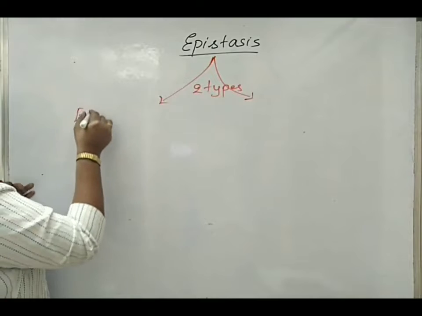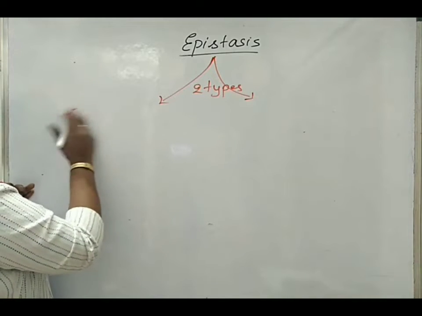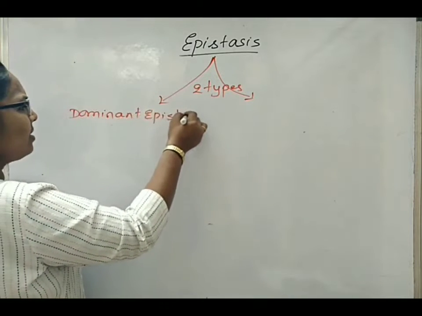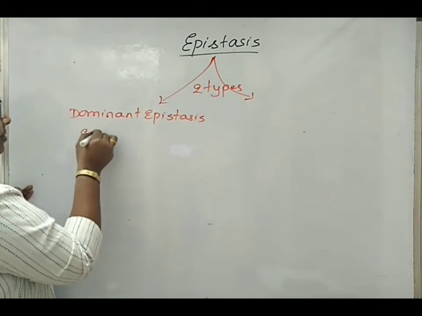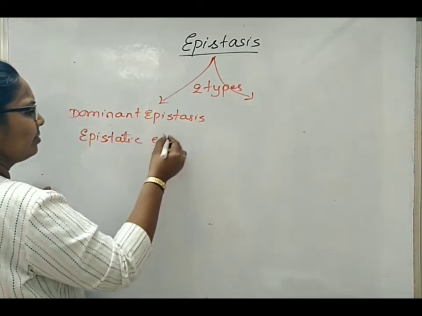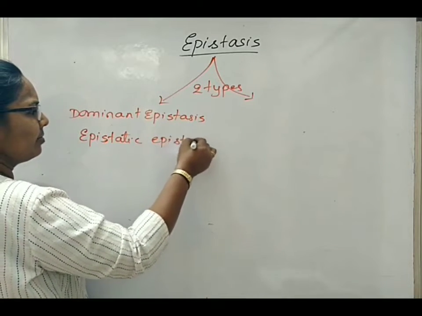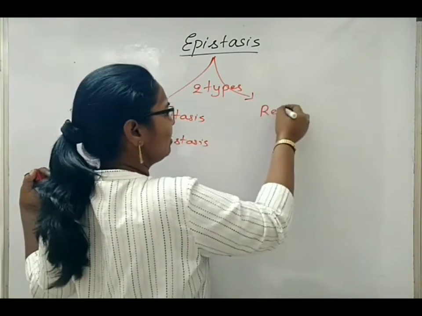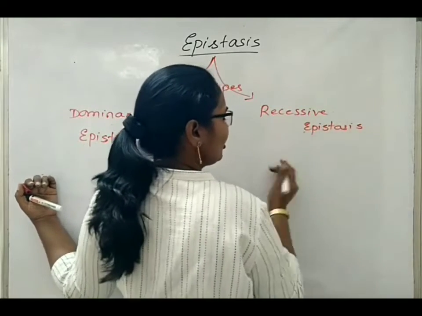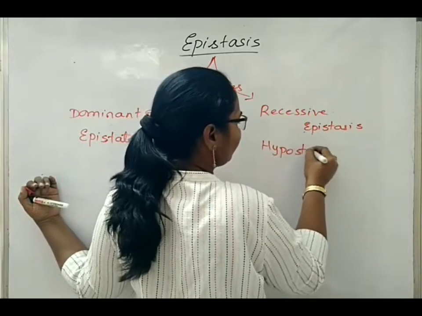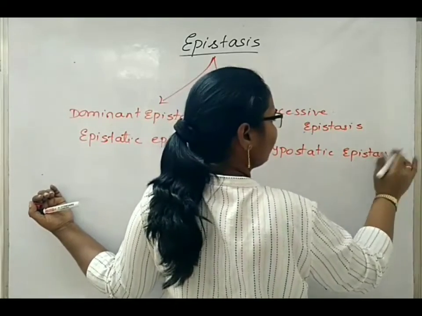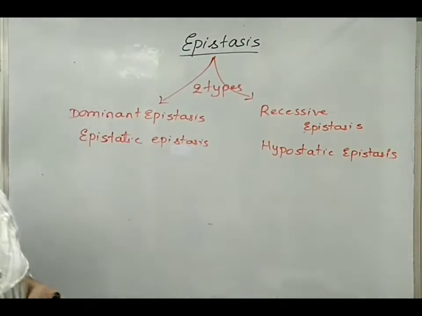One is dominant epistasis, and another one is recessive epistasis, which is also called hypostatic epistasis.